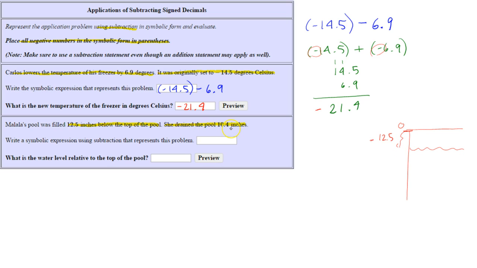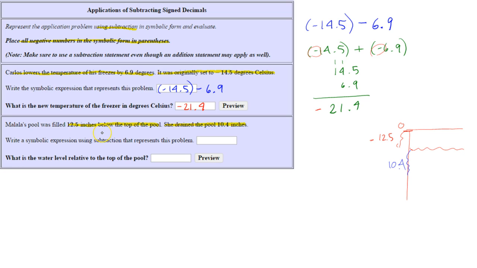And now she's going to drain even more water out. So let's make that another color. So she's going to drain more water out by another 10.4 inches. And the draining implies that we're subtracting off the 10.4. Equivalently, we could add another negative, but this is a subtraction. We're asked to do this in terms of subtraction, so that's how we're going to do it.